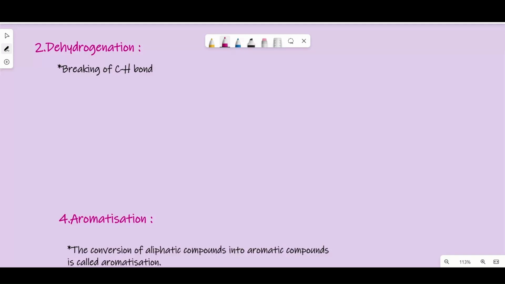Let's see one example. Let's take propane, CH3 CH2 CH3. This occurs in the presence of heat, and is also called pyrolysis. If you heat this compound, then we will get alkene CH3 CH double bond CH2.